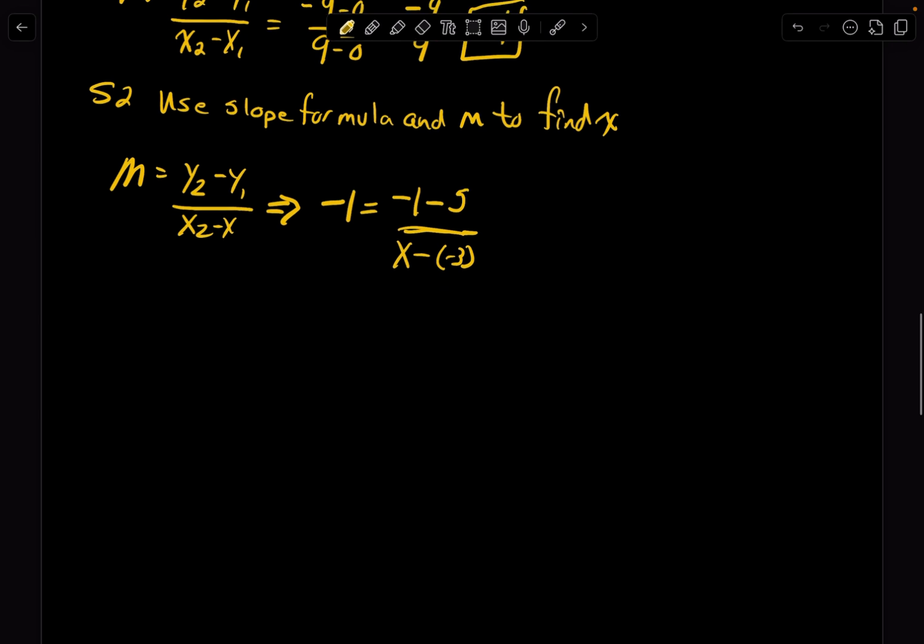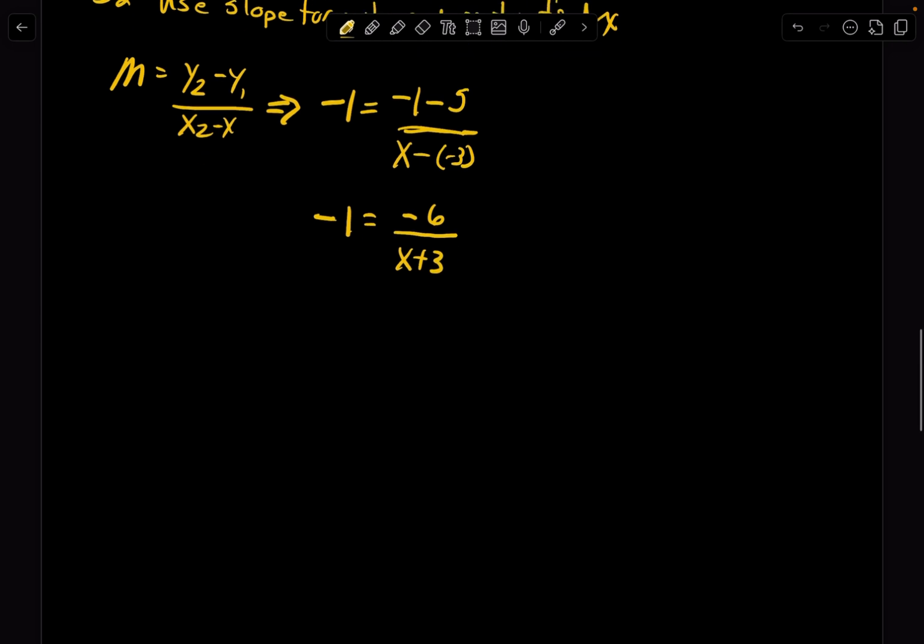Now we're going to solve. We're just going to go straight down. Negative 1 equals negative 6 over X plus 3. Sign clutter here, clean that up, becomes X plus 3.